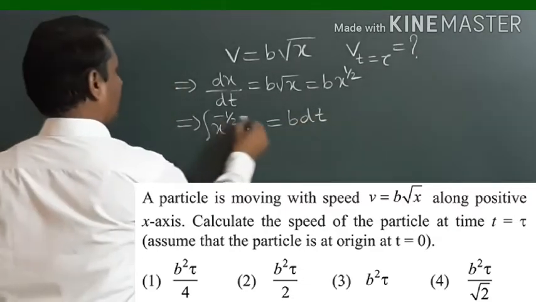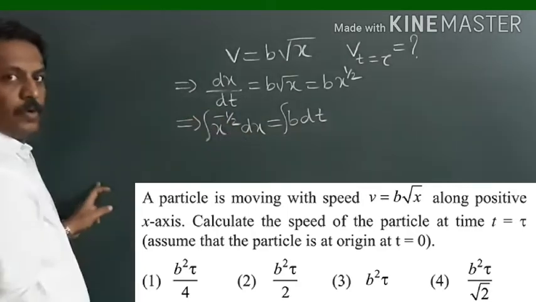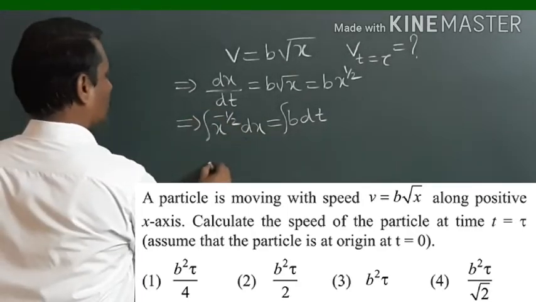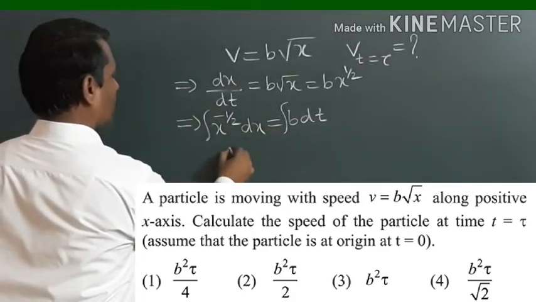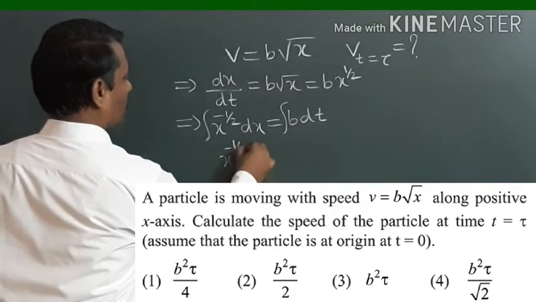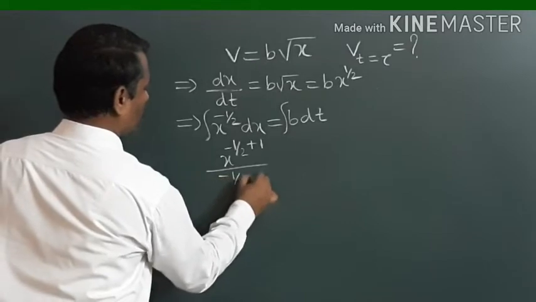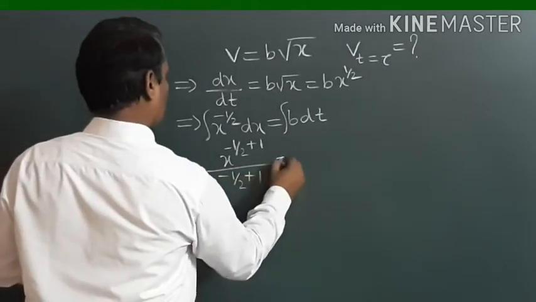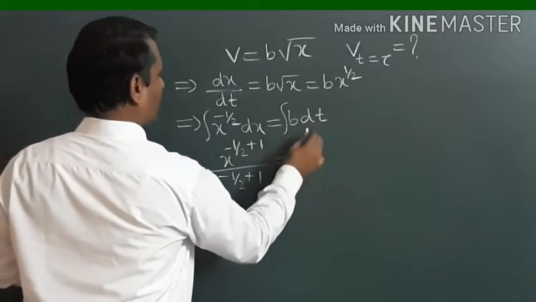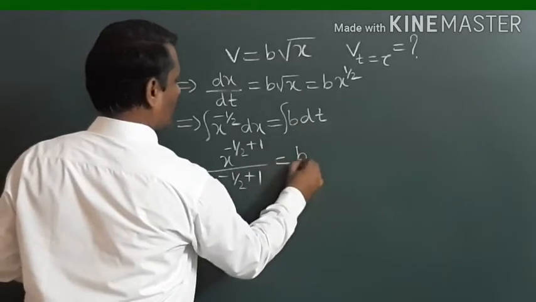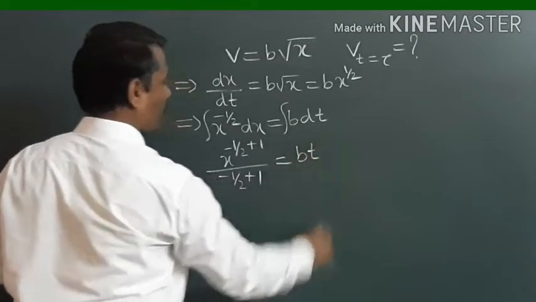Now you take integration. Integrating both sides. Integration of x raised to minus 1 by 2 can be written as x raised to minus 1 by 2 plus 1 divided by minus 1 by 2 plus 1 equal to b dt. Integration b is constant, I write it as it is. Integration of dt is t.